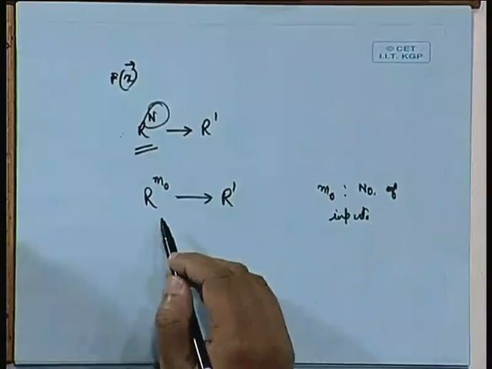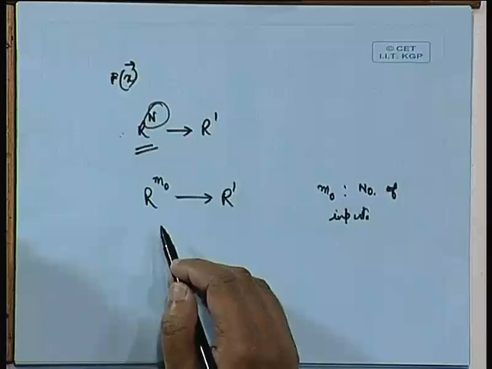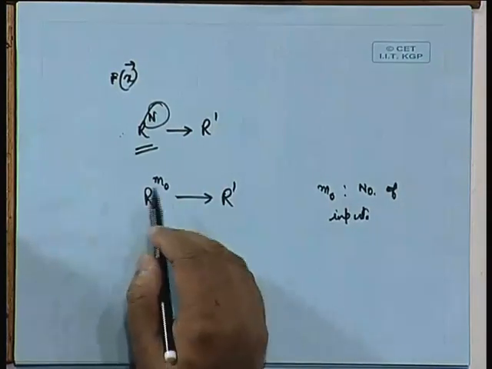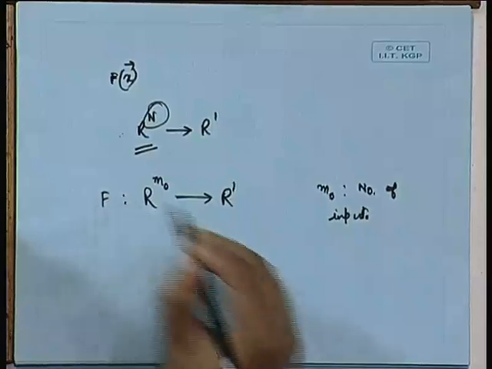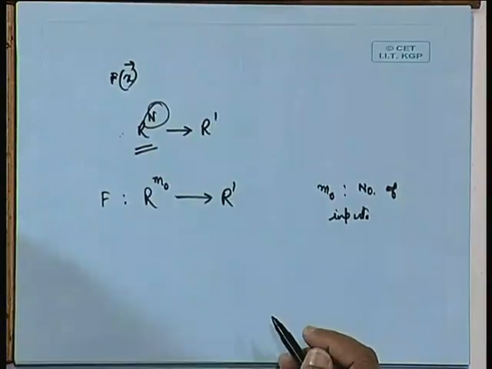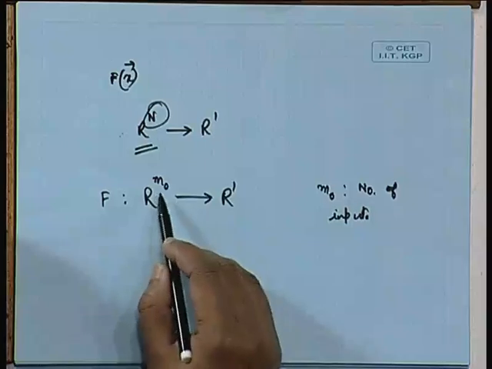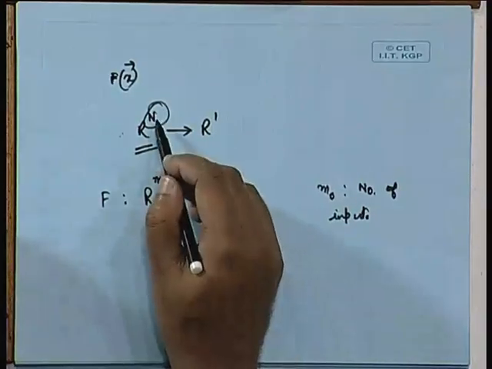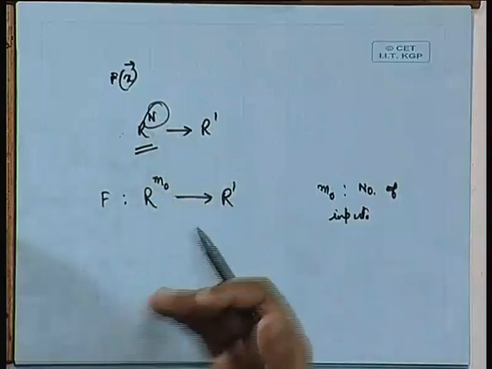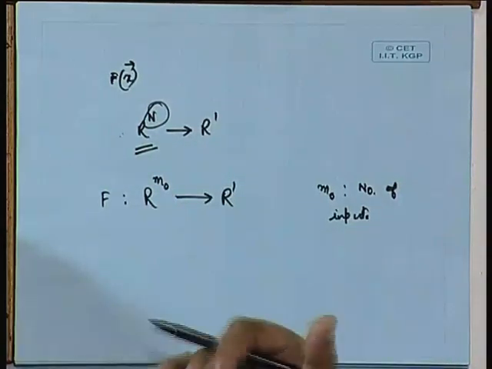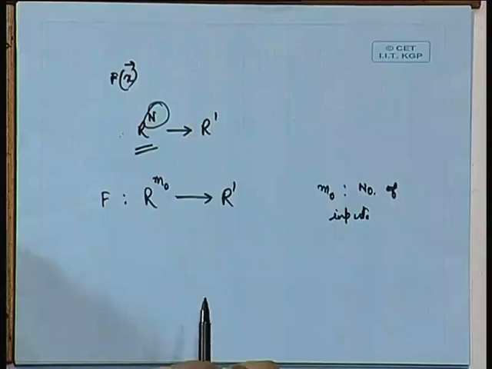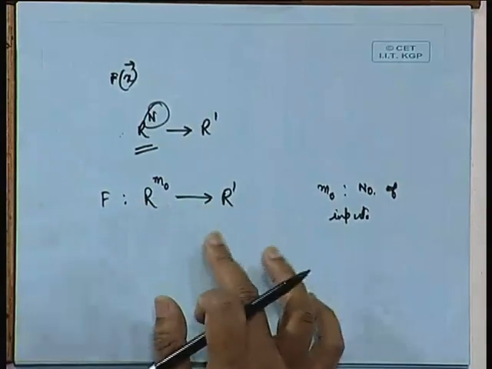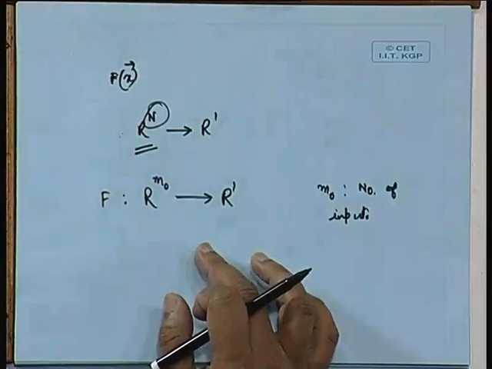So it is Rm0 space at the input, and we were considering the case of a single neuron. So the mapping function f that we are going to find out is essentially from Rm0 to R1. Please make corrections in your notes that it should not be Rn. In fact, immediately after the class, one of the students who were present here happened to point this out, so I make it a point to make this correction: it is an Rm0 to R1 space mapping.